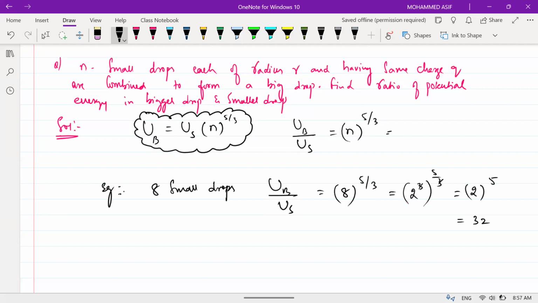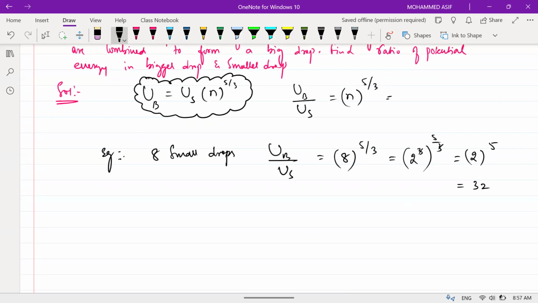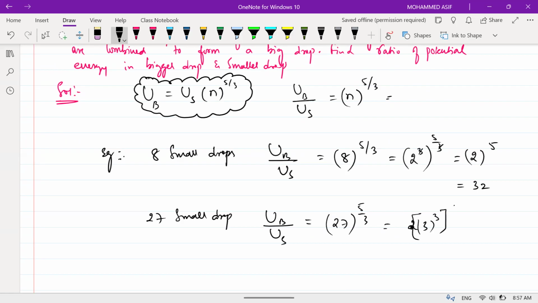Instead of n small droplets, I took 8 droplets. So the ratio of the bigger potential energy divided by the smaller potential energy is 32. One more example. If I use 27 small droplets combining to form the bigger droplet, what is the ratio of potential energy of the bigger drop divided by the smaller drop? It will be 27 to the power of 5/3. 27 is 3 to the power 3, so 3 to the power 3, to the power of 5/3.